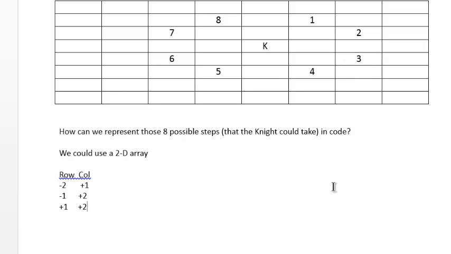For number 4, plus 2 rows, plus 1 column. Number 5, and that's plus 2 rows, minus 1 column.